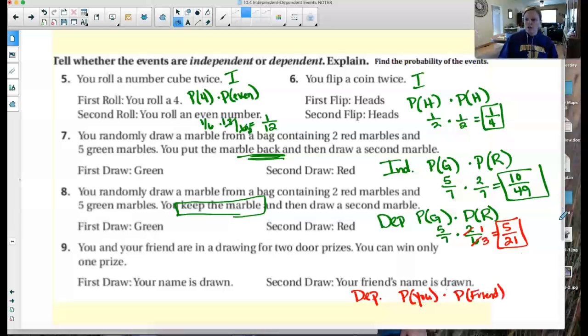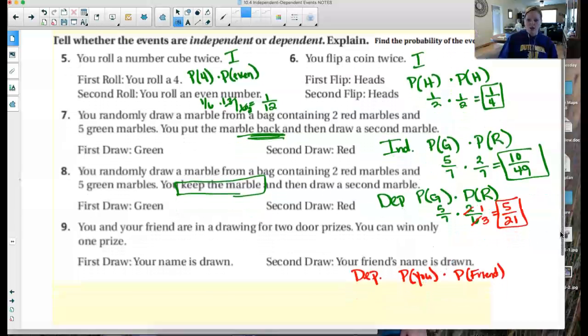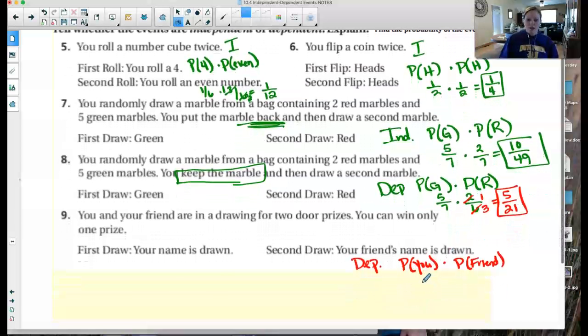The probability of your name being drawn is 1 out of 2. The probability of your friend being drawn is going to be 1 out of 1, since you're already taken out. So that means the probability of you being drawn first and your friend being drawn second is a 1/2 chance of that happening. Okay? Hopefully that all makes sense.